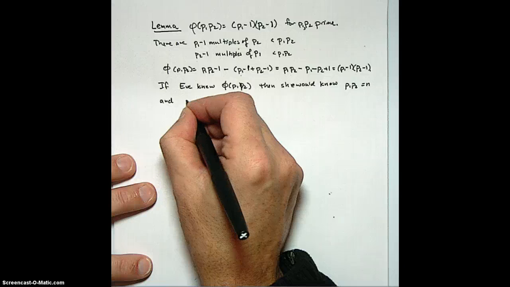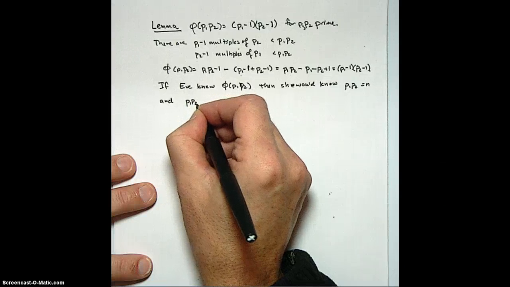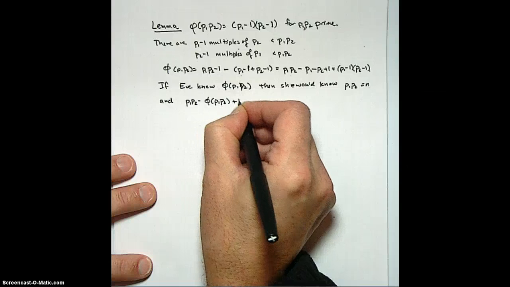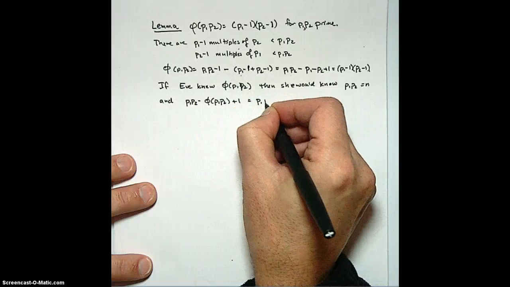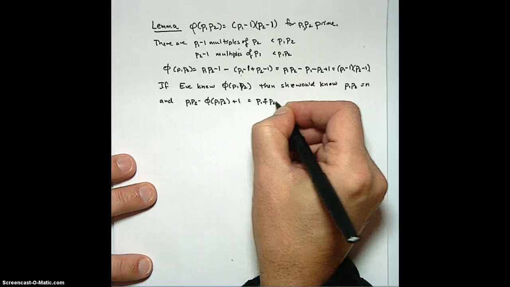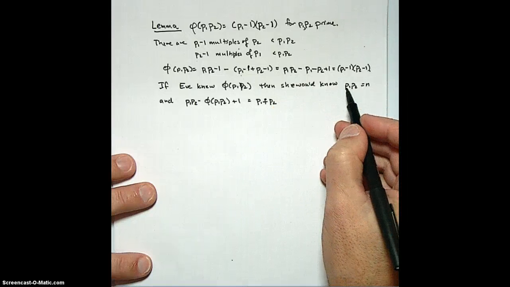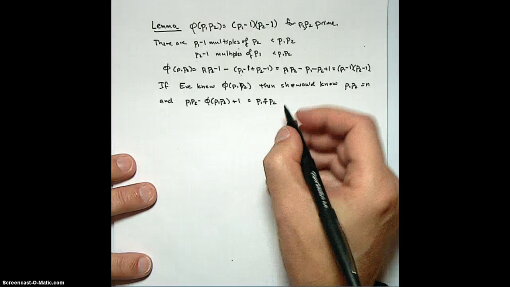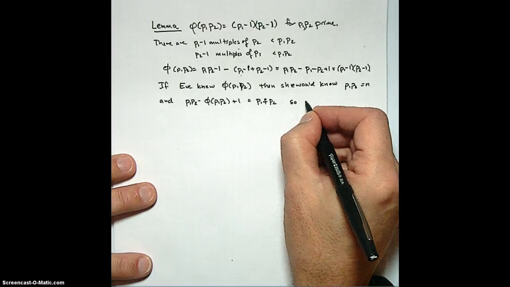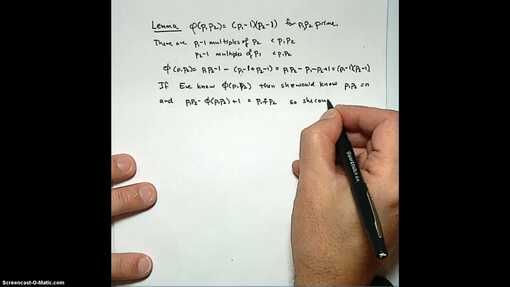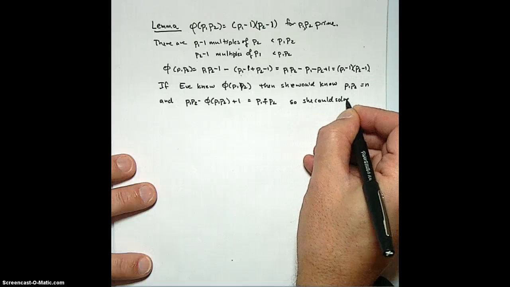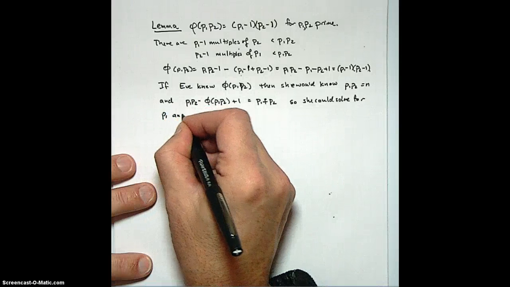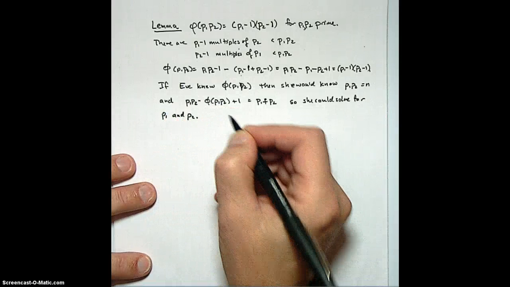She would know p1 p2 minus phi of p1 p2 plus 1, which is p1 plus p2. So she would know both the product of p1 p2 and the sum of p1 and p2. So she could solve for p1 and p2.